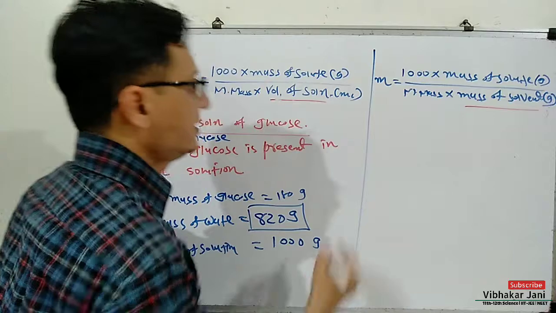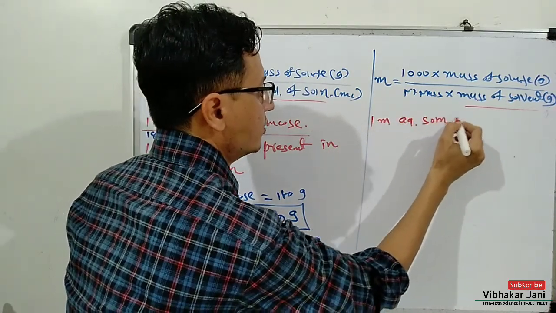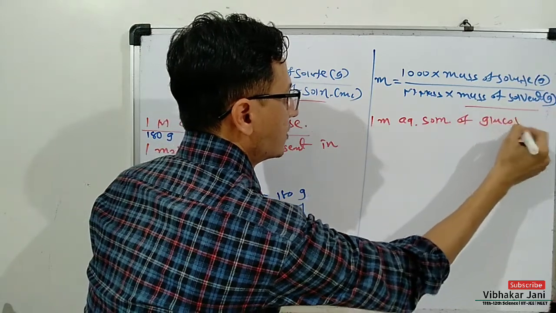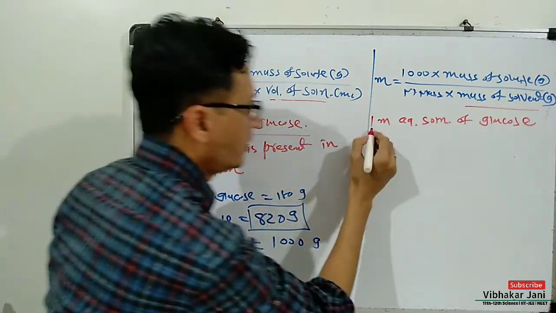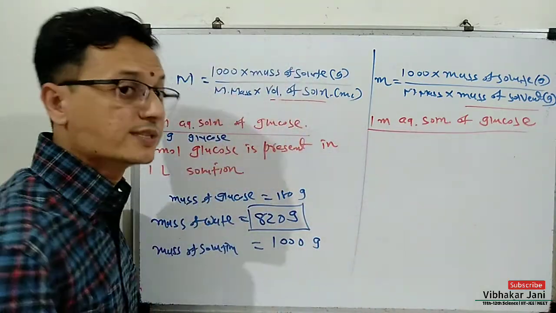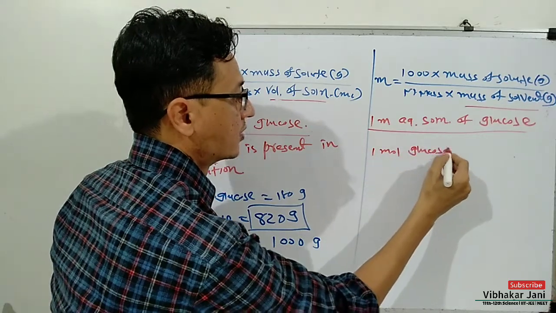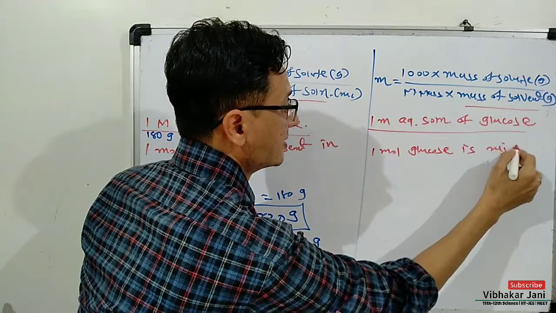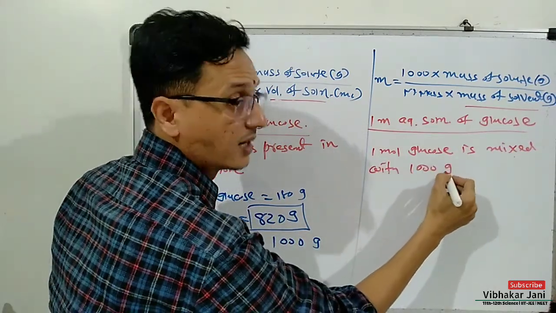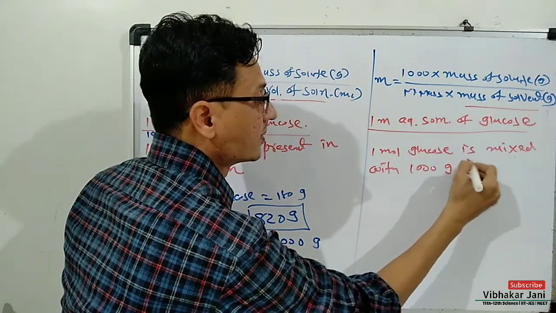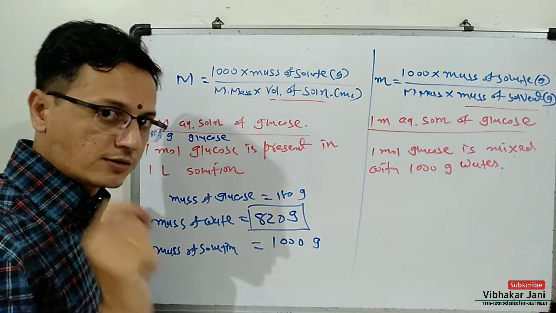Suppose somebody says 1 molal aqueous solution of glucose. That means 1 mole glucose is mixed with 1000 gram solvent, that is water. Look at the words carefully.